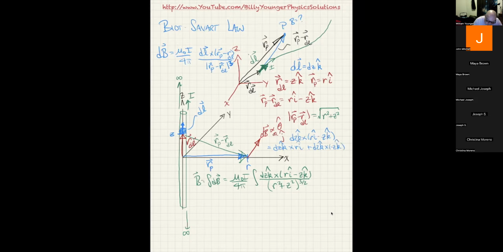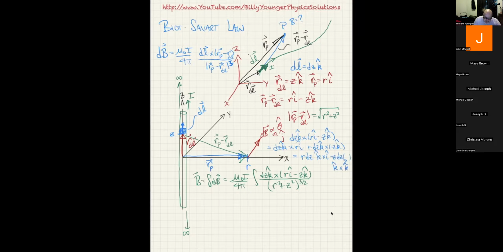And then I can say this is equal to r dz k hat cross i hat, and I can say minus z dz times, and here's where I'll write this part, k hat cross k hat.